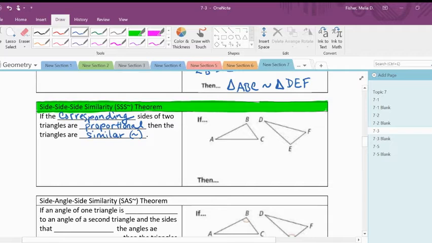So if AB over DE equals BC over EF, which equals AC over DF, then triangle ABC is similar to triangle DEF.